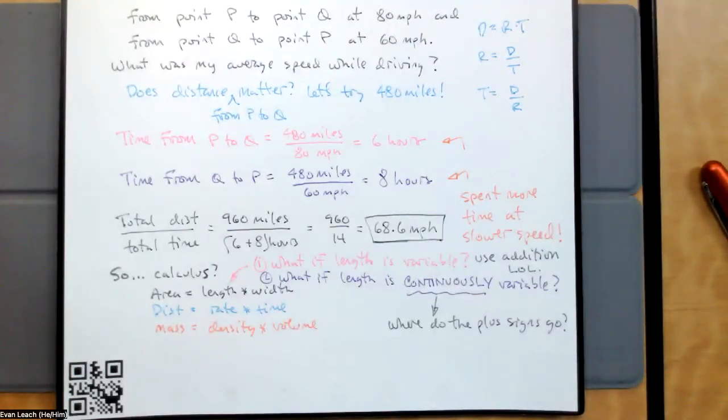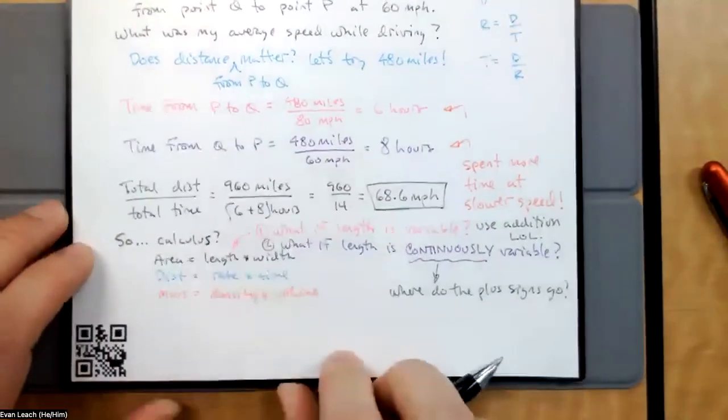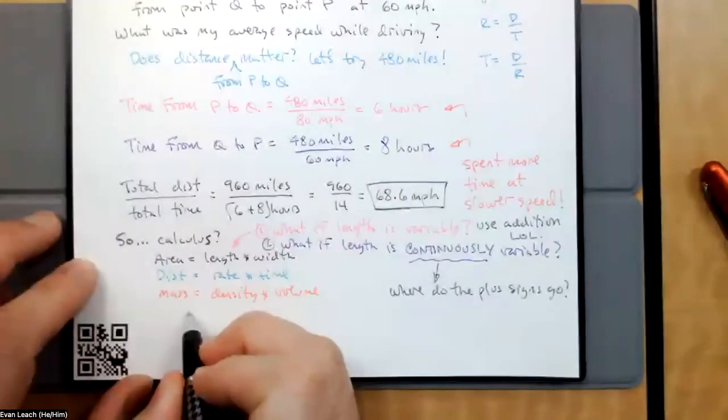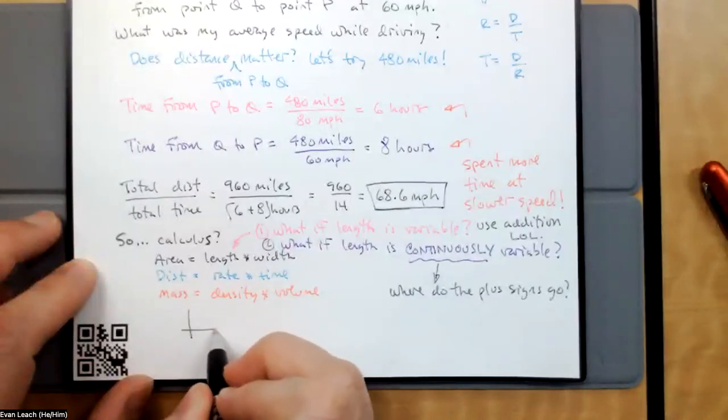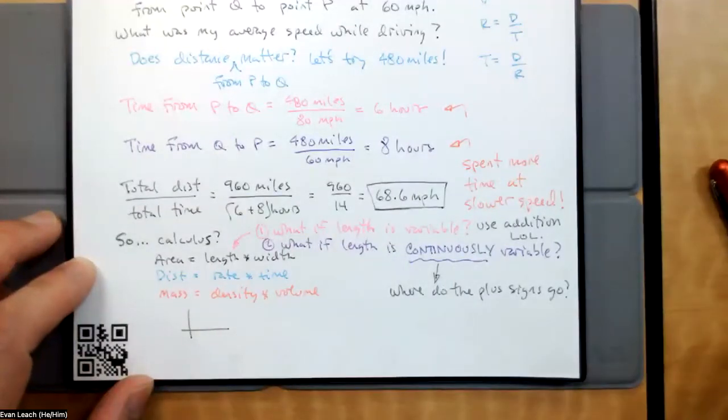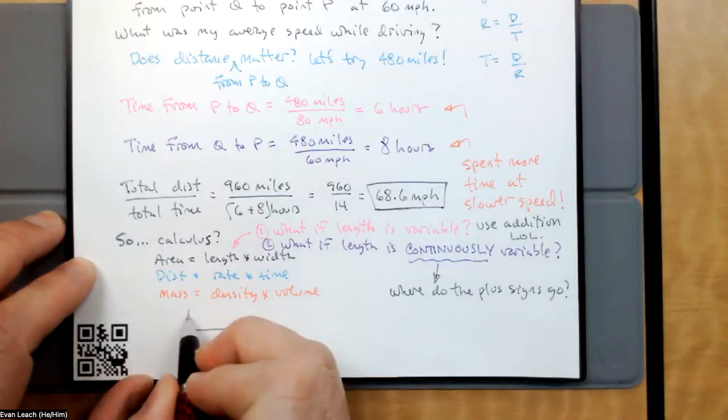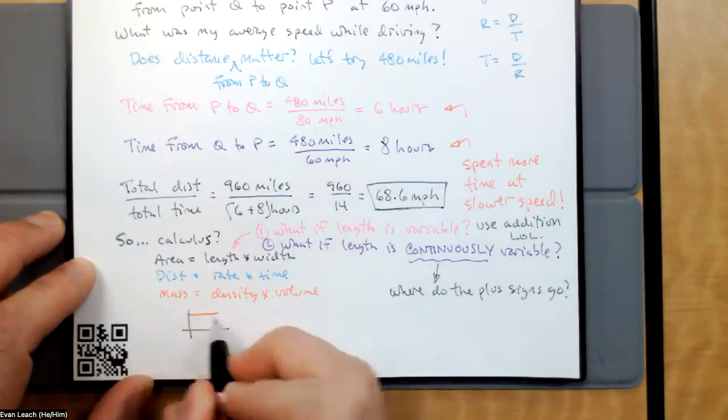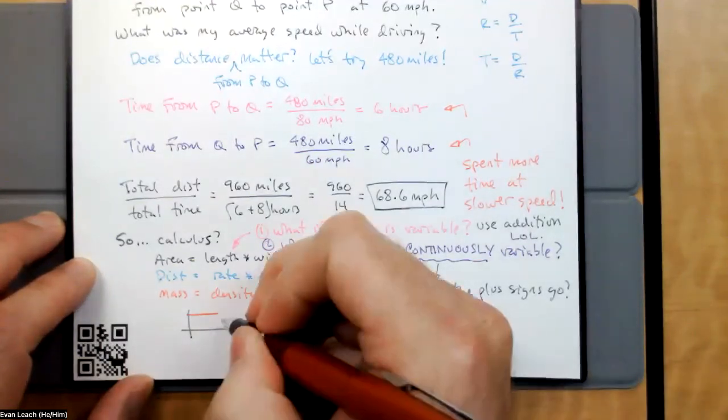So what's this have to do with our average speed? It could be that we have a constant speed, and so we get to use multiplication.